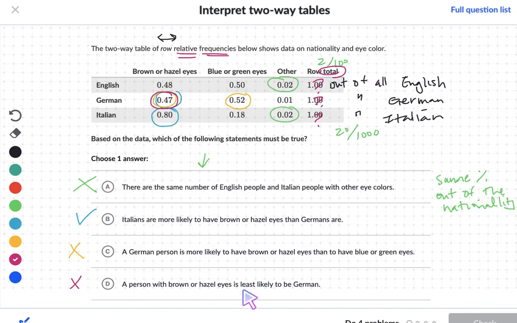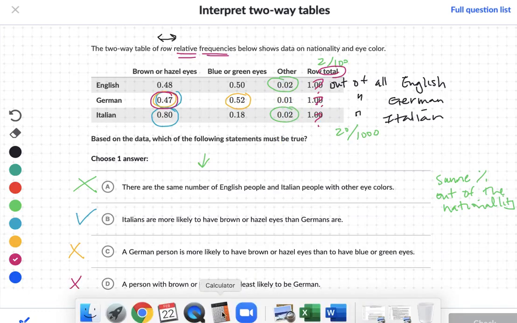It sounds very compelling, but they could have just surveyed different amounts of English, German, and Italian. So it could have made those percentages look like they're the same or different. But again, with percentages, I could have 2%.